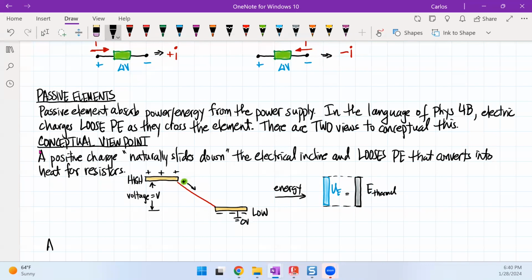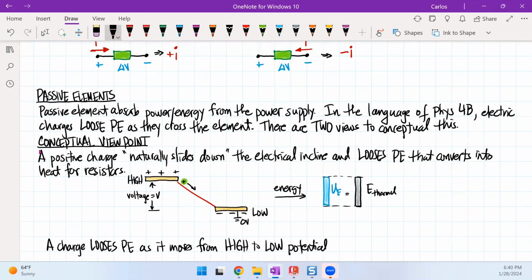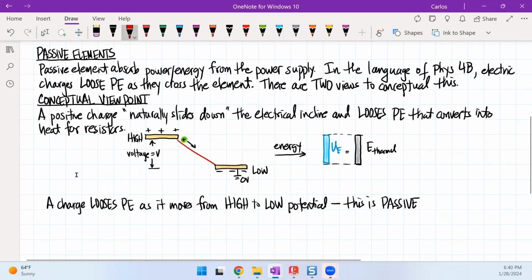Once again, a charge loses potential energy as it moves from high to low potential. This is passive.